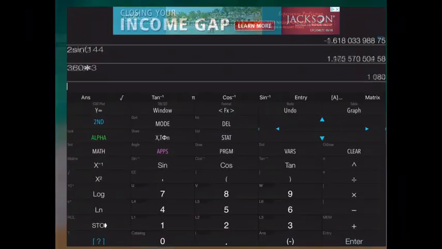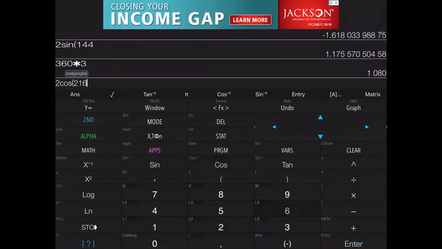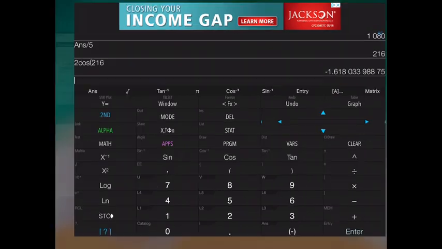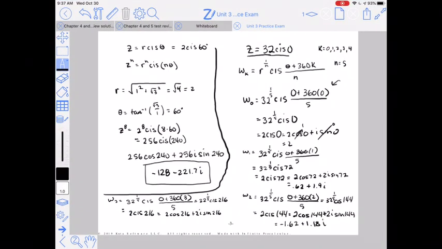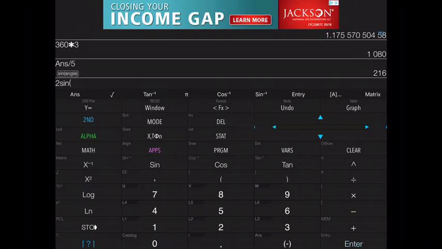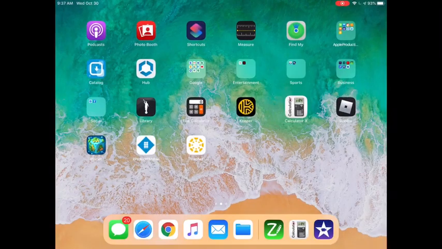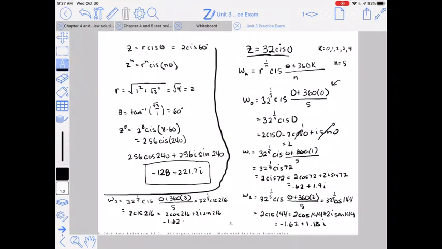So we figure out 2 cosine 216 is negative 1.62, and then 2 sine of 216 is negative 1.78 or negative 1.17. And we'll round that up to 1.18.